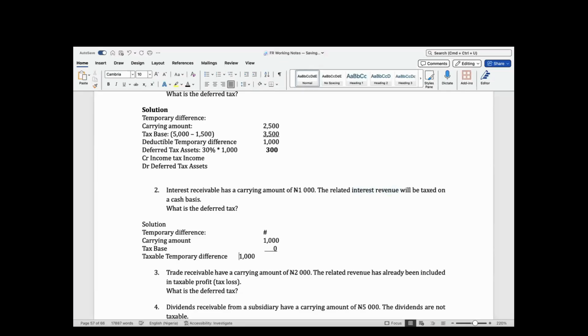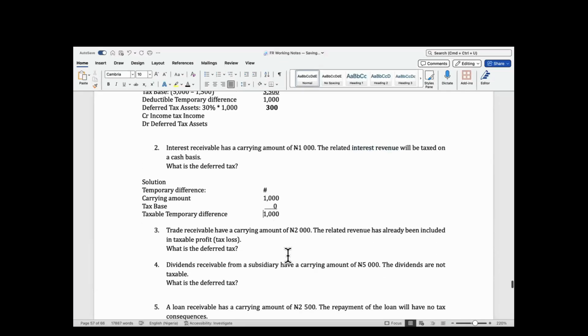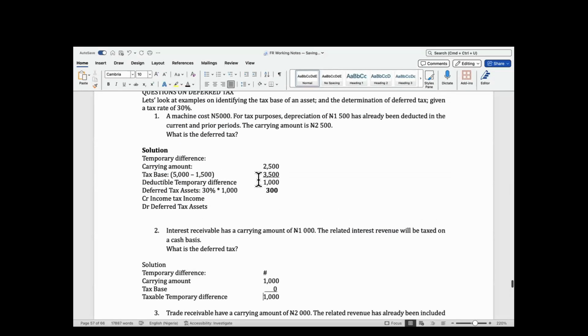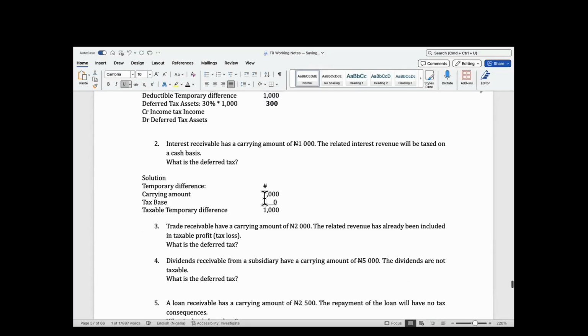So that's the secret to ensuring you don't make mistakes. It's just for you to know, am I paying more tax or am I paying less tax? In the other case, I'll be paying less tax because I'm getting more deductions from the taxman. That's why it's deductible.